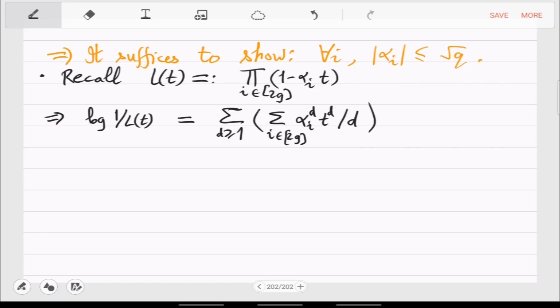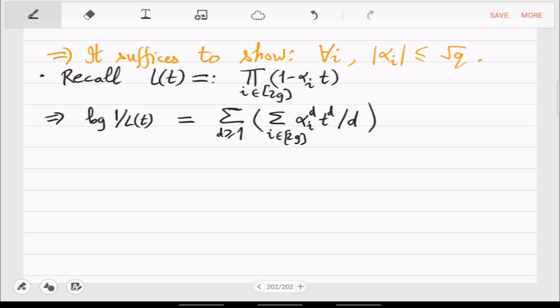So minus log gives you log 1 over L(T), and this right-hand side gives you basically the sum over minus log of 1 minus alpha i T, which is just sigma alpha i T raised to d divided by d. Negative sign cancels.